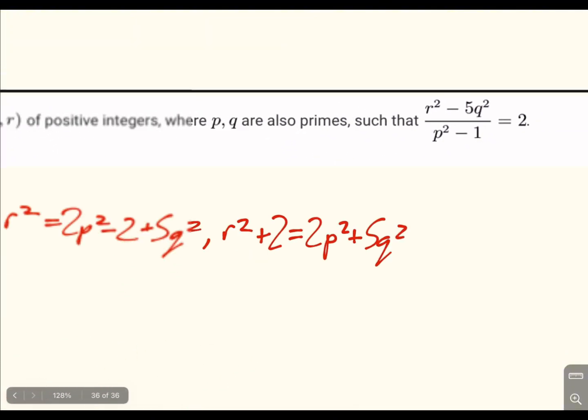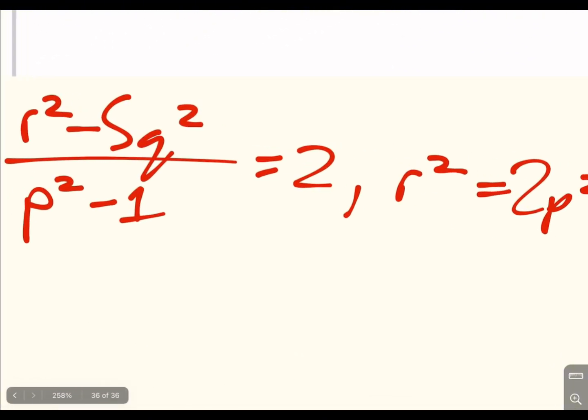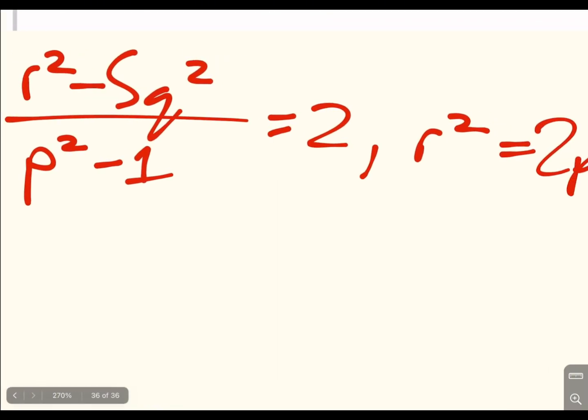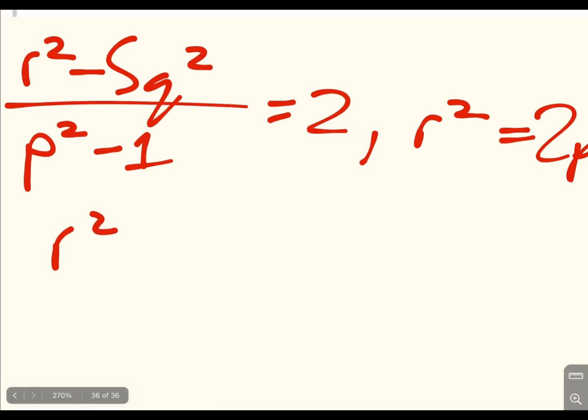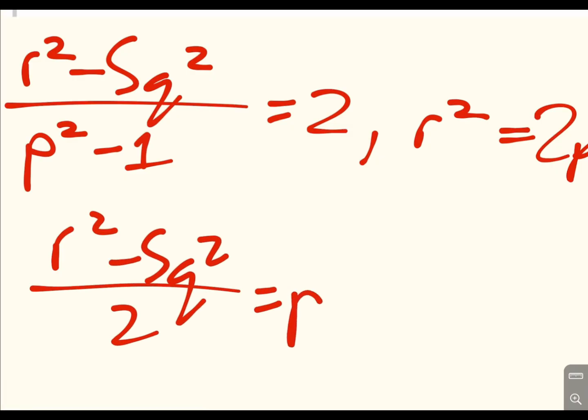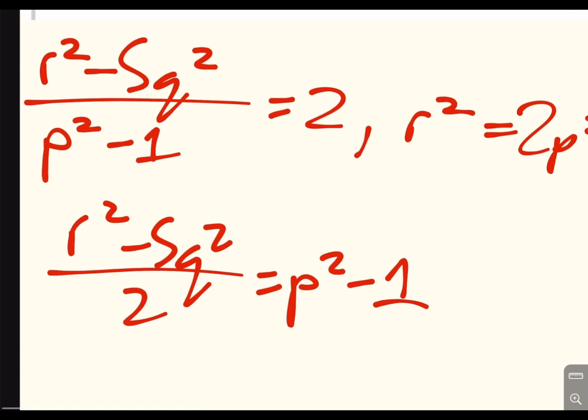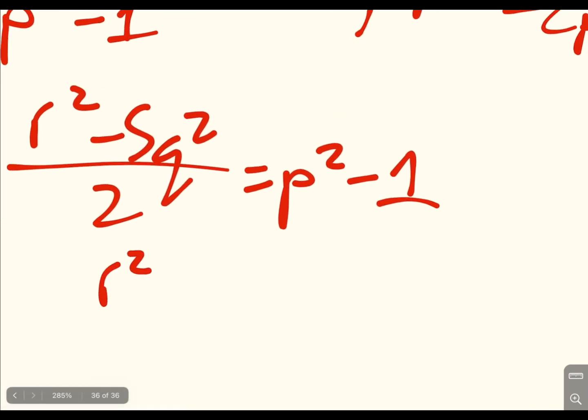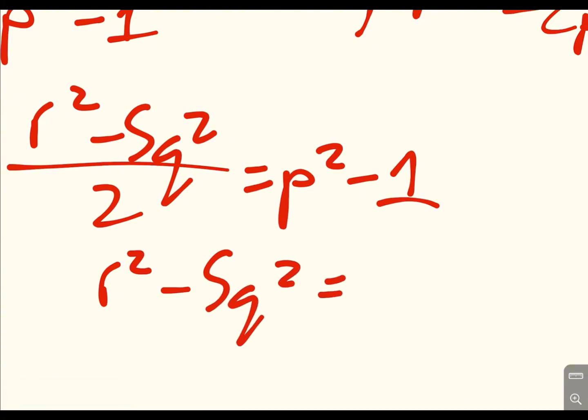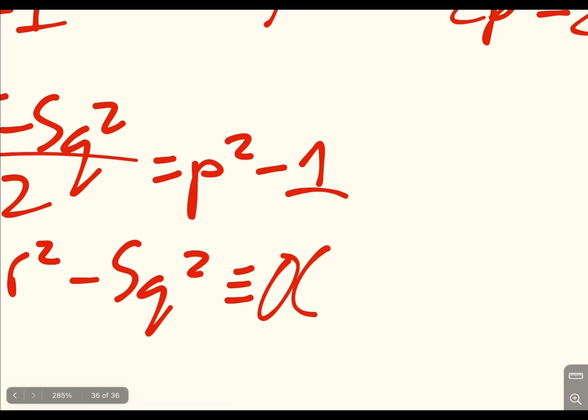So one interesting thing about this, firstly, is that back here in the original equation, we can move the 2 down here, and show that r squared minus 5q squared over 2 is equal to p squared minus 1, which just shows that r squared minus 5q squared is equal to 0 mod 2.